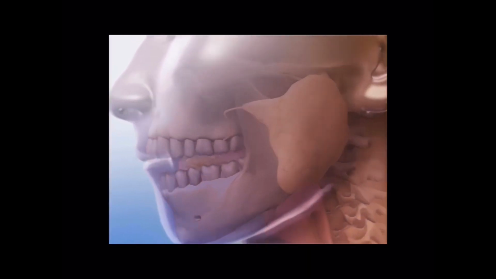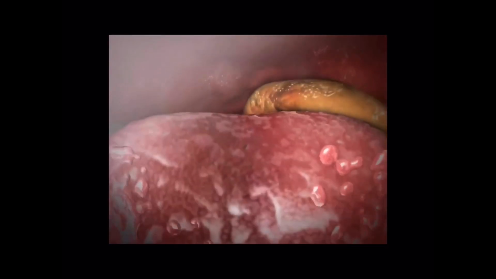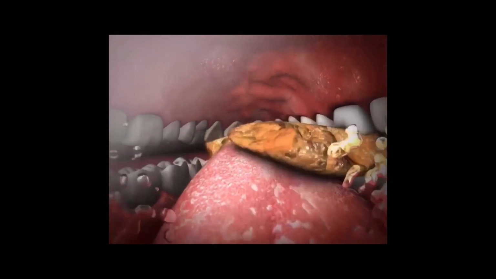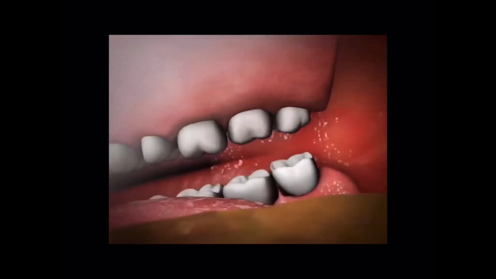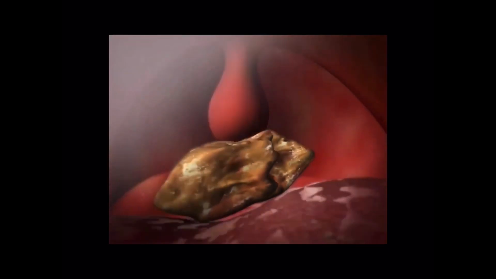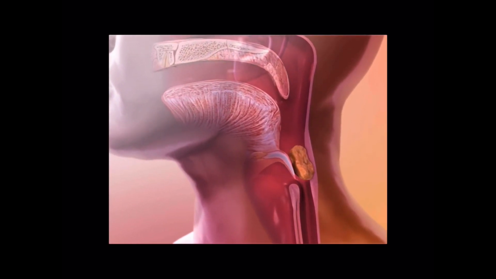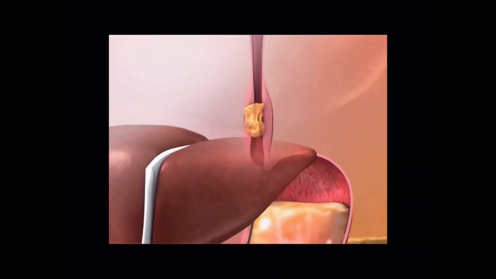You can see here that the salivary glands will secrete a specific enzyme, amylase, and the tongue and the teeth are used to break down the food into smaller sections, and then this is passed down to the esophagus, and via peristalsis the food is transported to the stomach.